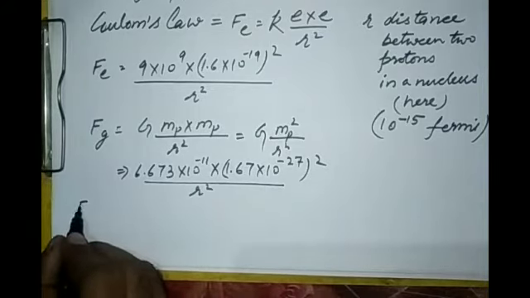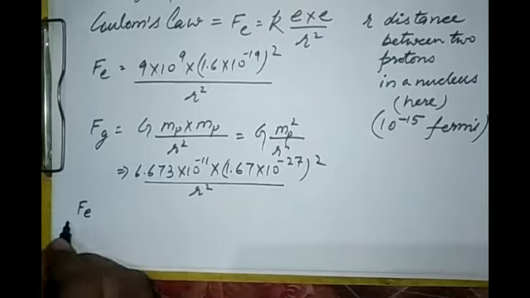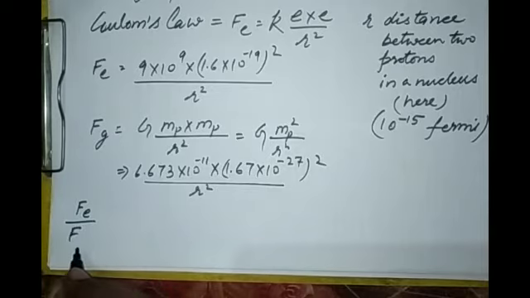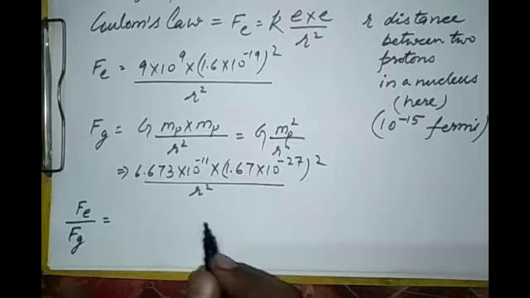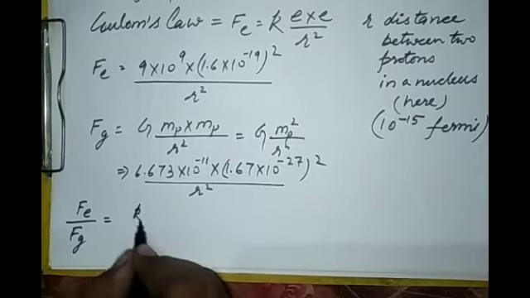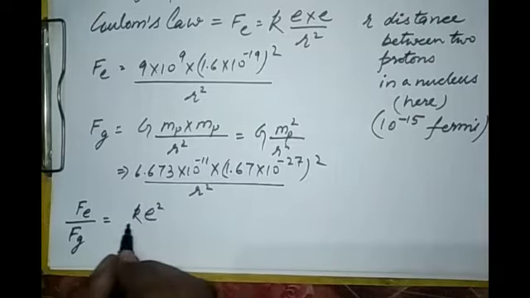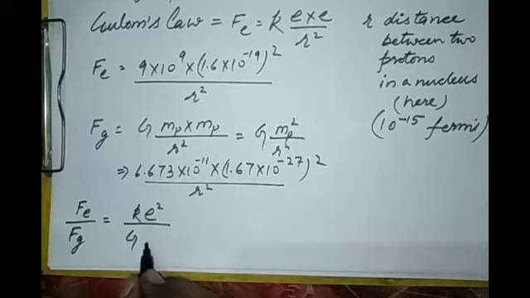I'm writing just r squared because when we divide both of these equations, this r squared will be cancelled out, and Fe over Fg would be equal to k times e squared over G times Mp squared.